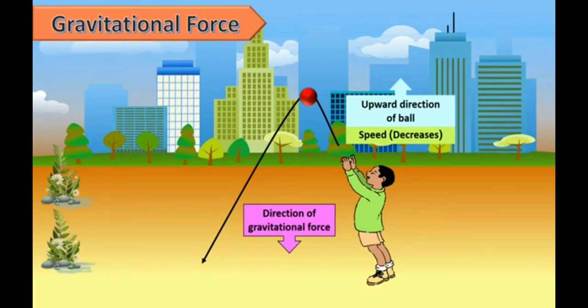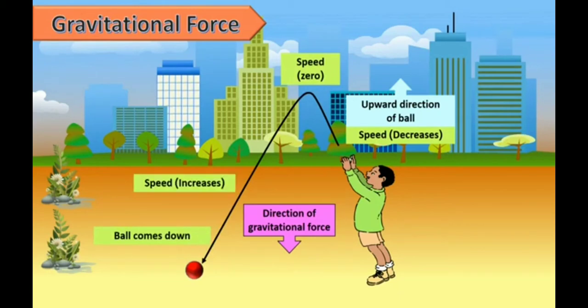See the diagram properly here. How the ball is going up. So from the point when it starts to come down, the speed is 0. When the ball comes down, the speed increases. Understood? So that is because of the direction of the gravitational force which is exerted by the earth on the ball. Is it clear?